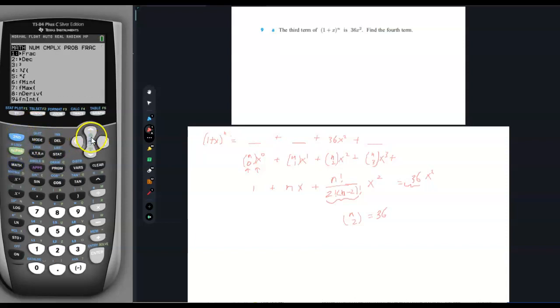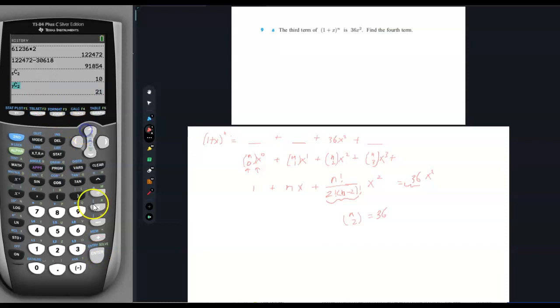So let's see. We'll go to math, go to probability, go to n choose r. And let's start with a pretty big number. We'll do 5 choose 2. No, 10, it's not big enough. Let's jump up to like 7. 7 choose 2. Still too small.